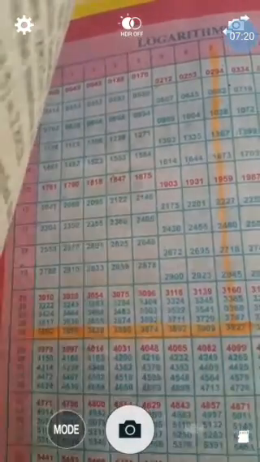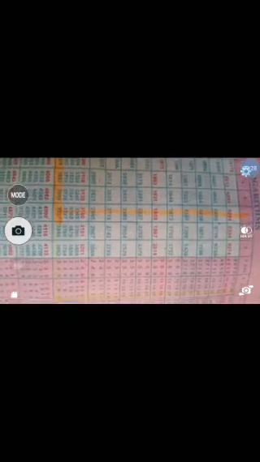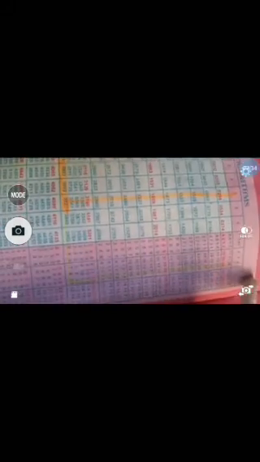Now we see it on the difference table, in the 6 column, which is equal to 11.